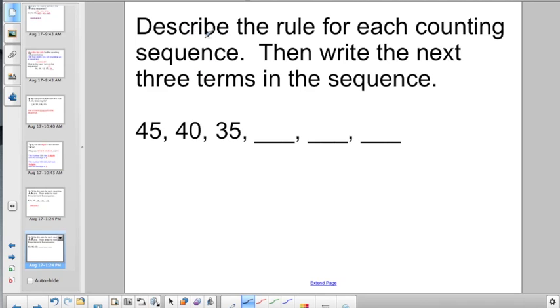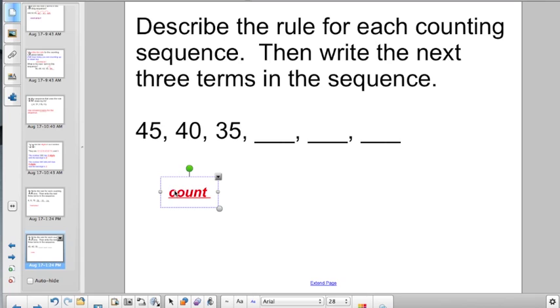Same directions, describe the rule for each counting sequence, and we're again going to write the next 3 terms in the sequence. So let's take a look at the terms we have. I have 45, then I have 40, then I have 35. Are the numbers getting bigger or smaller? That should always be the first question. And the numbers are getting smaller this time, right?